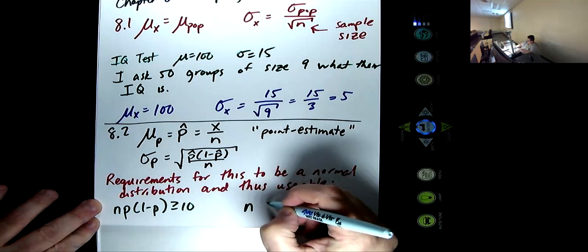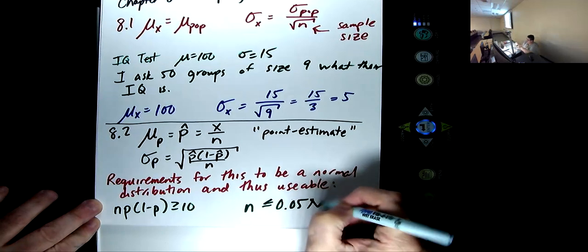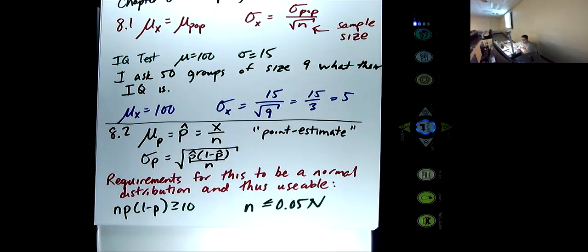And n needs to be less than or equal to 5% of the population. Give me a minute to get all that in.